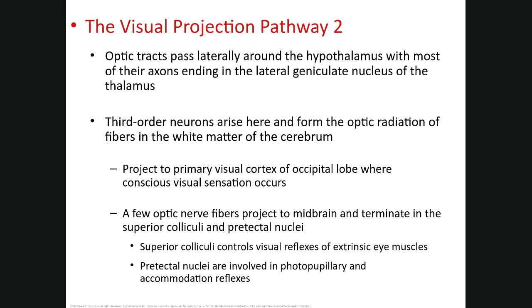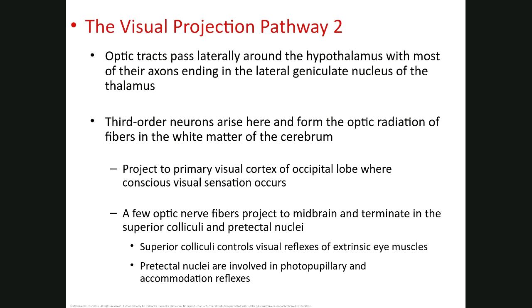The optic tract passes lateral around the hypothalamus, and they end up in the lateral geniculate nucleus of the thalamus. From here, third order neurons go up and make optic radiation into the white matter of the cerebrum. They will project to the primary visual cortex of the occipital lobe and therefore give us the visual sensation.